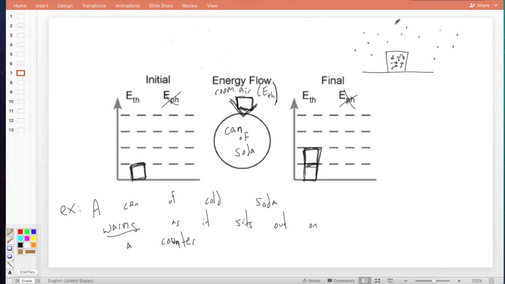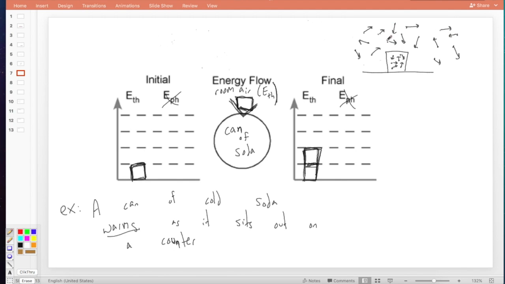Well, because remember, thermal energy depends on how much stuff there is, and there's a lot of air particles compared to soda particles. So yes, technically speaking, if we had some super high-tech temperature measurement tool, we would see that the air temperature gets a little bit smaller.